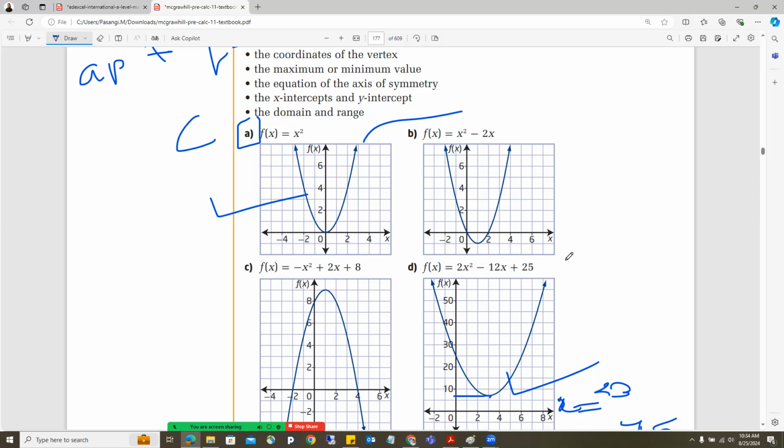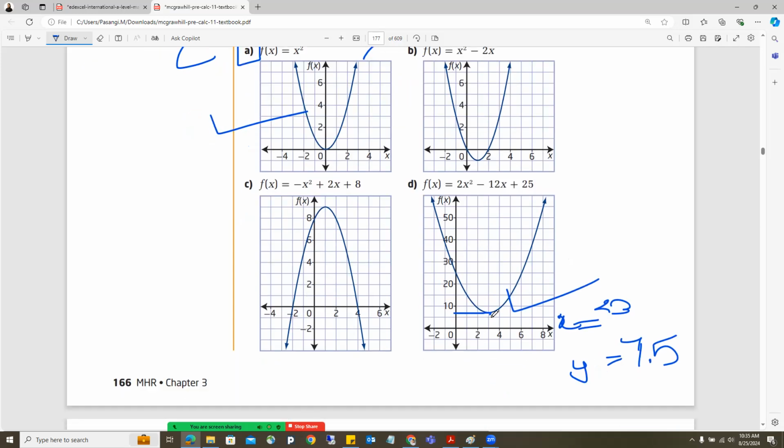Okay. So to find the vertex, the vertex means this one, the minimum point, the turning point. So the x coordinate of the turning point is 3.